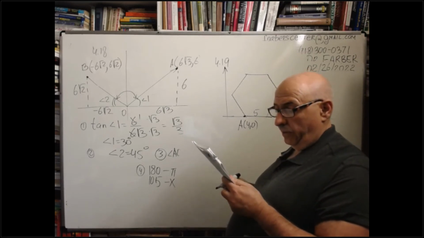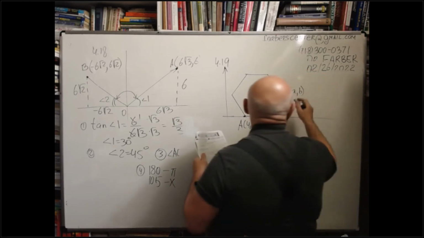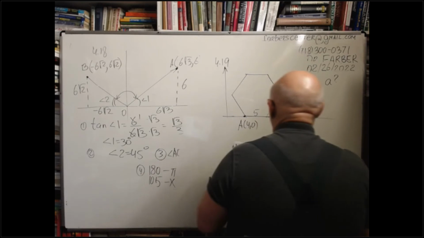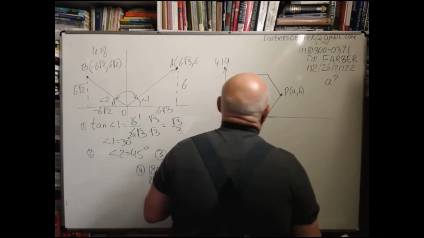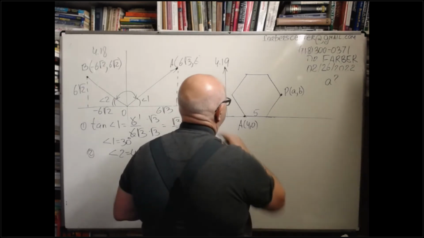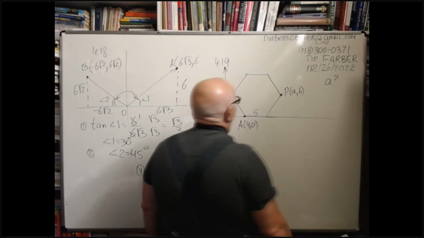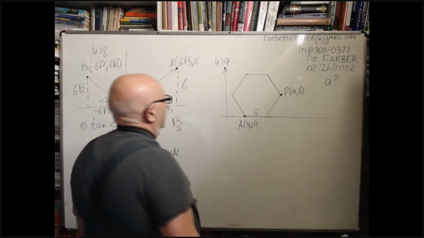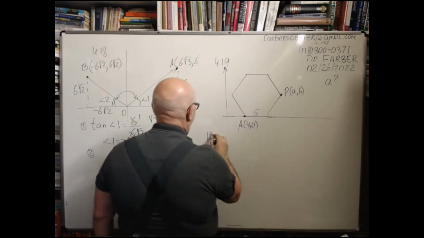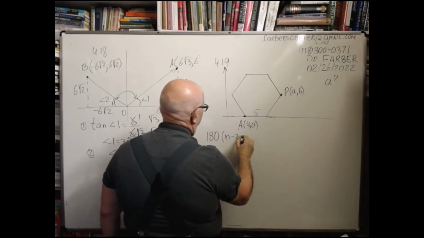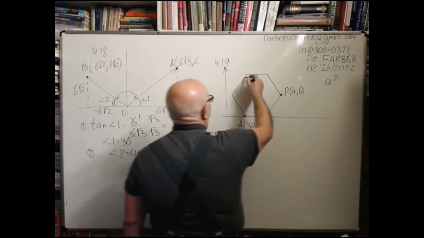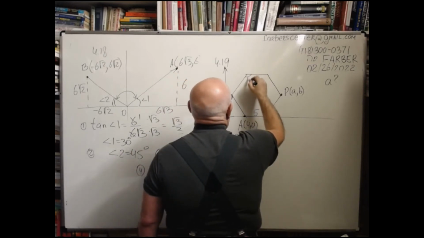What's the value of a? You have to find this one. What do you know about a hexagon? You can use the formula 180 times (n minus 2), divided by n. Every angle in a hexagon is 60 degrees, 120 degrees, sorry.